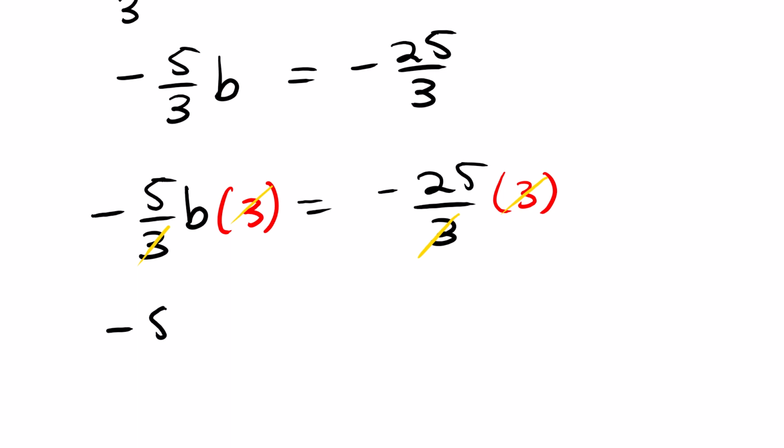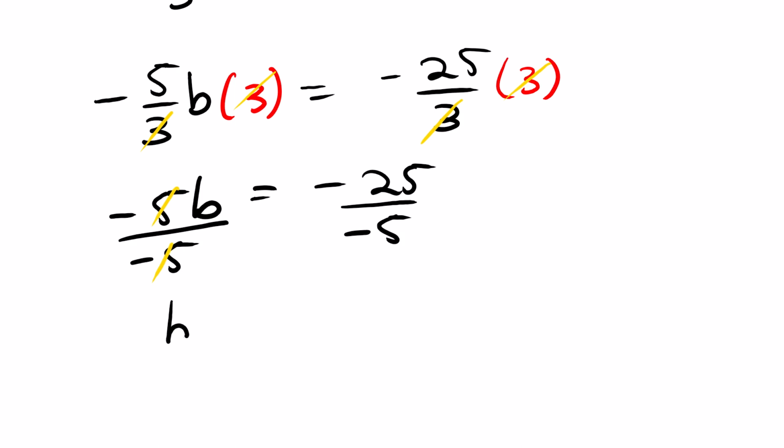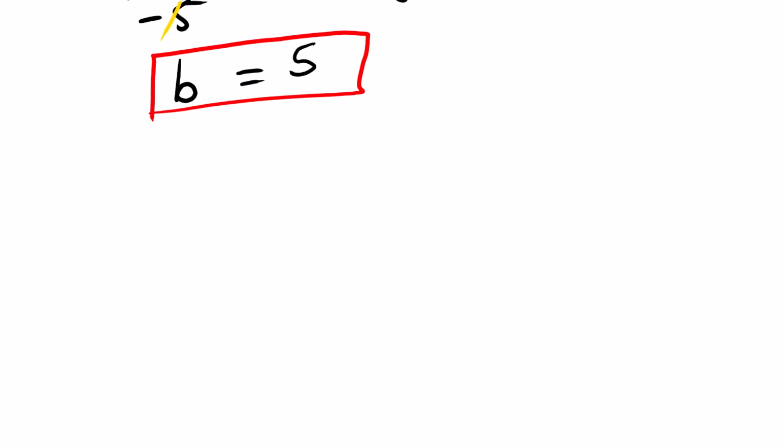Then we are left with negative 5b is equals to negative 25. Then we divide both sides by negative 5. This will result into 1. 1 multiplied by b, it's b. Negative 25 divided by negative 5 is positive 5. So the value of b is positive 5. This is our first solution.